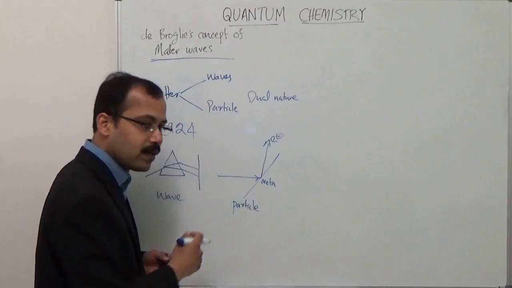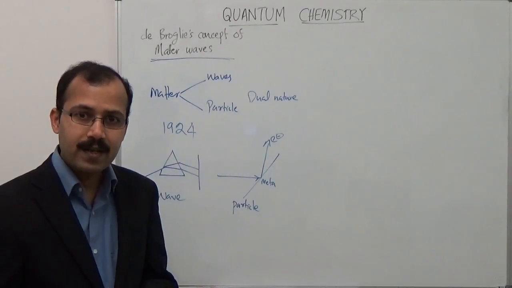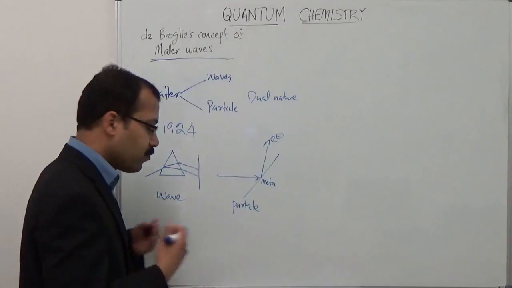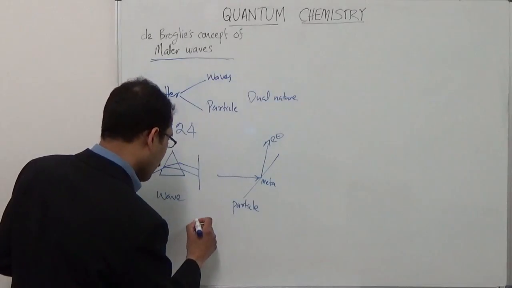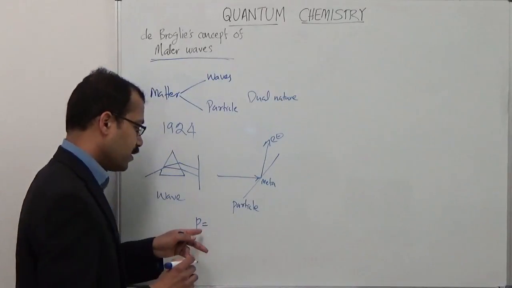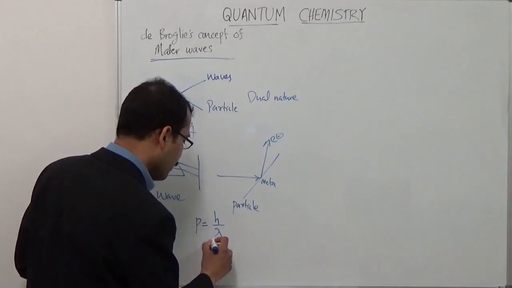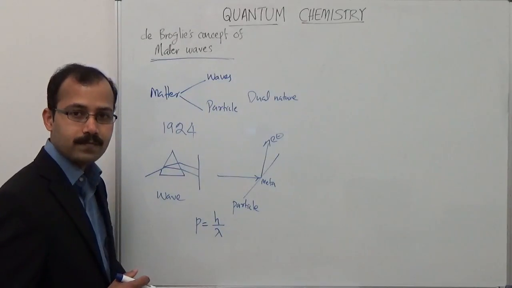These particles were termed photons. Albert Einstein, from his famous relativity theory, put forward an equation which relates the momentum of the photon, p, which is equal to h divided by lambda, where lambda is the wavelength of the light.